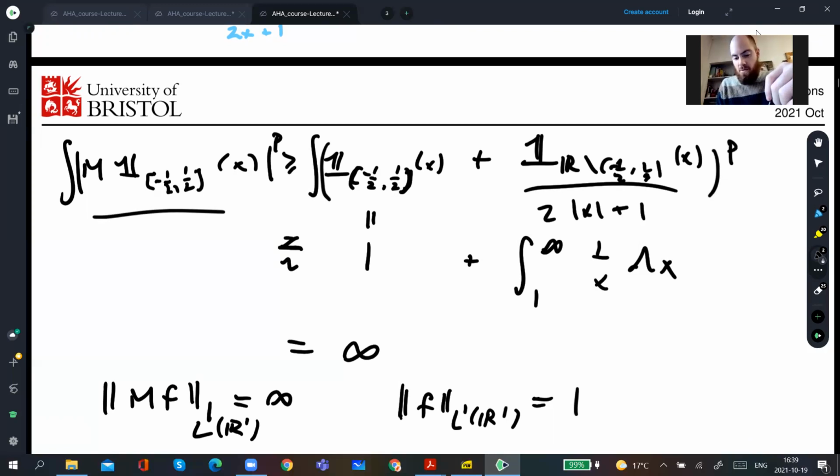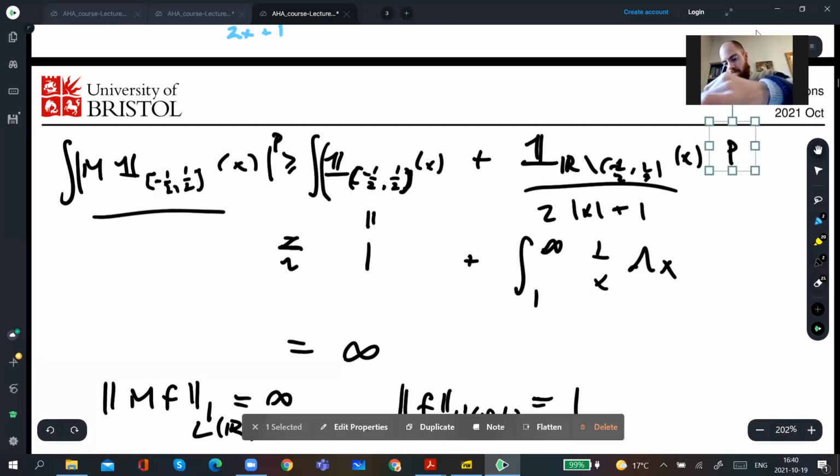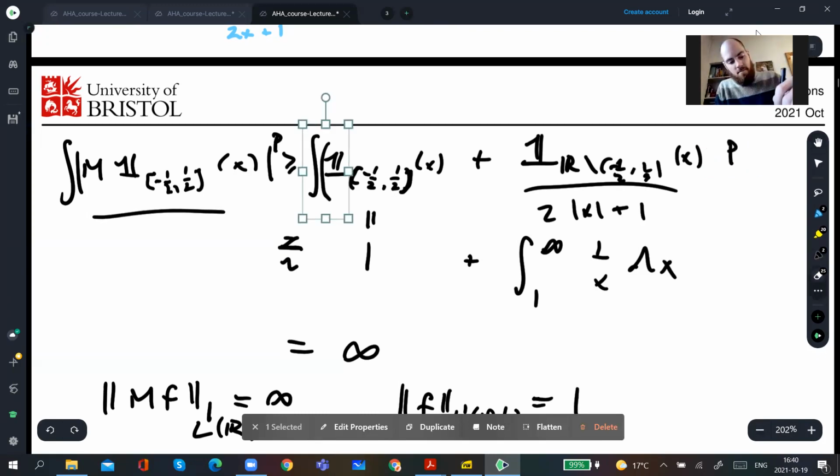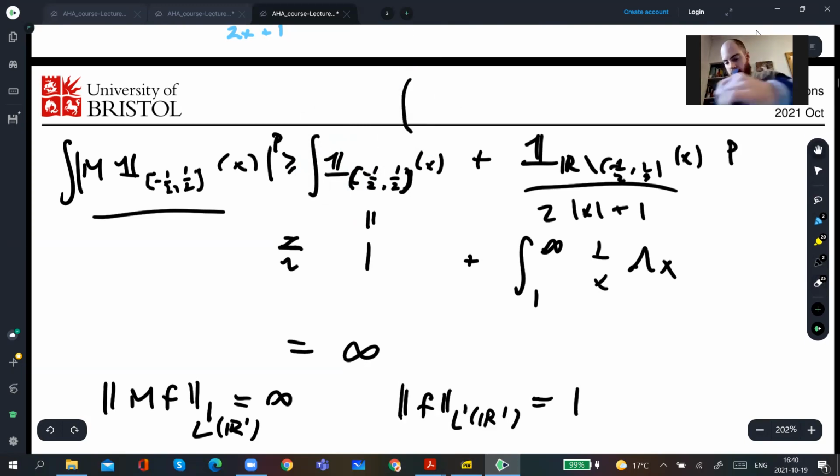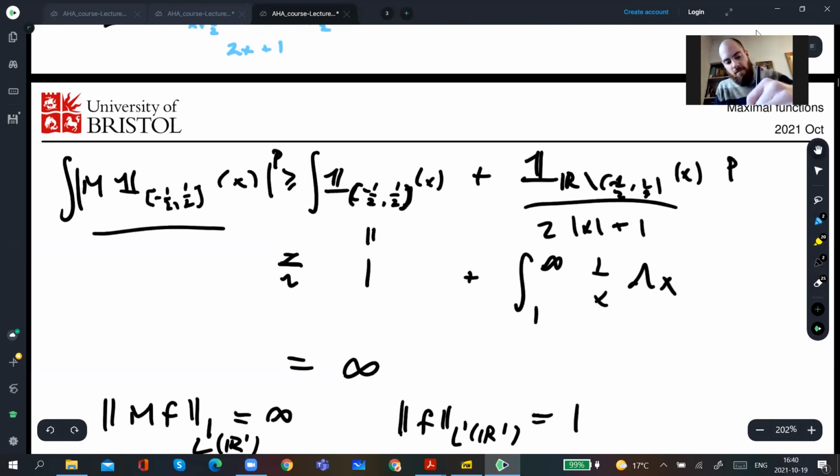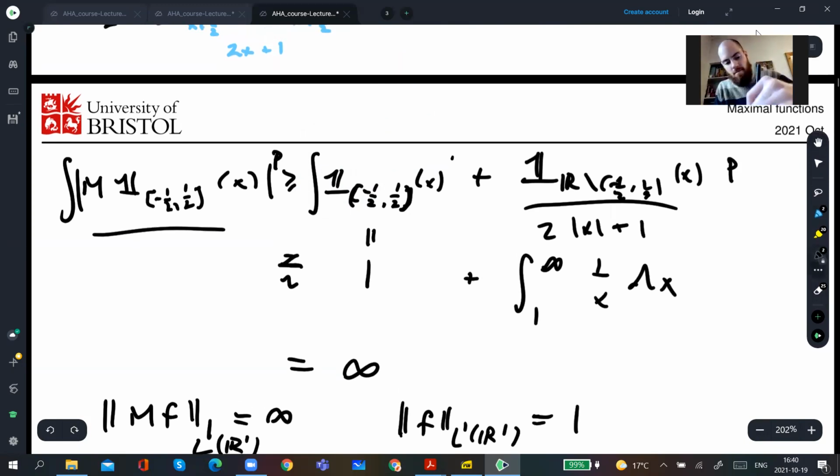And what we find is that, because the supports are disjoint, this just becomes the following expression.